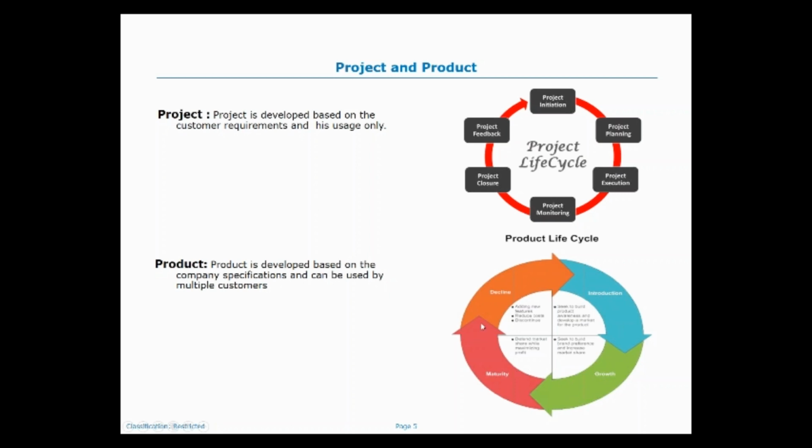Then in the maturity you will start seeing that you have already developed it, and you are seeing feedback coming from the market. You are trying to incorporate it into your product. Okay, and then once it is done and you do not want to continue that product, and you just want to sunset it, or close that product, it is discontinued or stopped, and that is the decline phase.